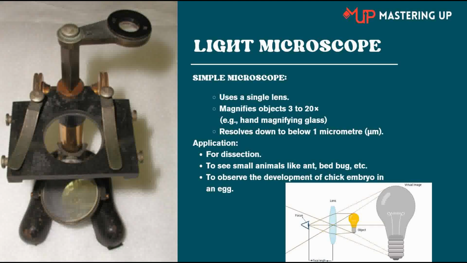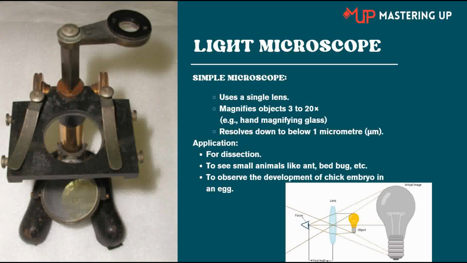As we all know, a light microscope can be a simple or a compound microscope. Let's begin with a simple microscope, which uses a single lens. An image of a simple microscope is shown at the left. The simple microscope magnifies objects 3 to 20x, and it resolves down to below 1 micrometer.